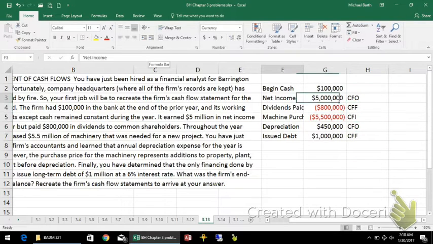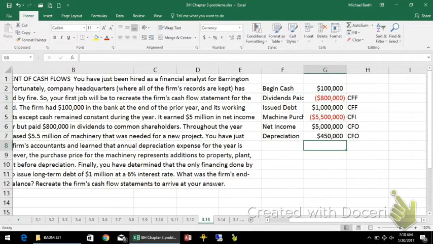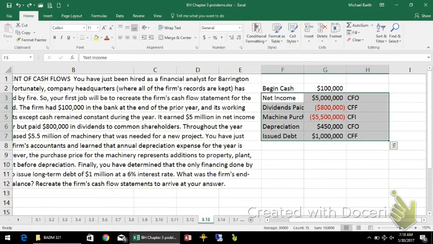Okay, so why don't I rearrange all these terms? We'll sort by column H. All right, well, let's do it the hard way.